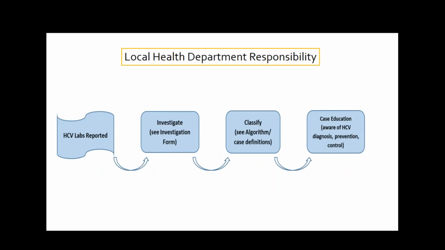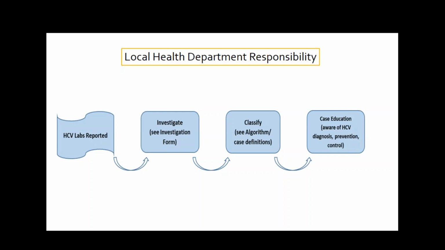Now, in terms of hepatitis C surveillance in New Jersey, the local health department responsibility is summarized in this graphic. So first, a positive HCV laboratory test is reported in CDRSS, or it could be reported directly to the local health department, and this triggers an investigation.